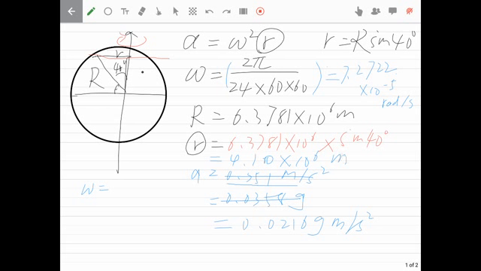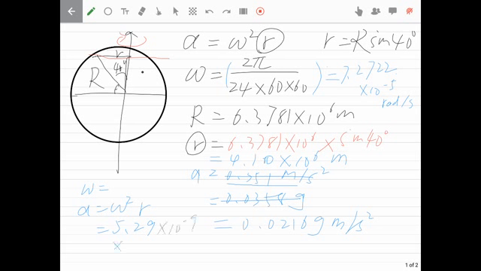All right, then A equals omega squared times r. So I just use 7.2722 times 10 to the negative 5 squared. So omega squared equals 5.2829 times 10 to the power negative 9.